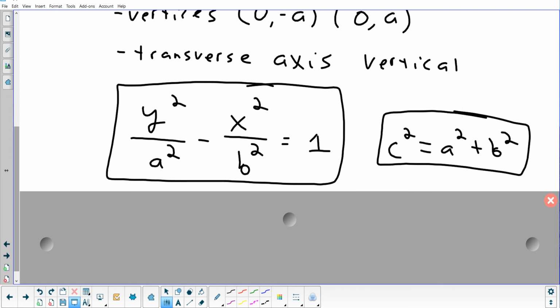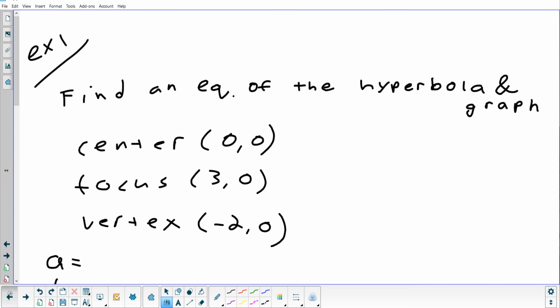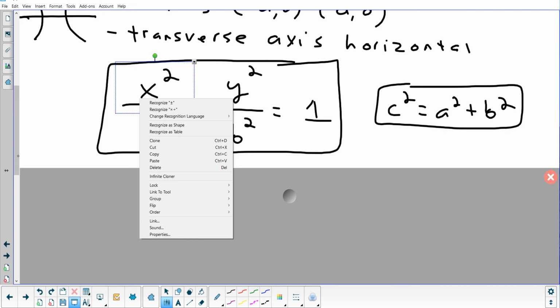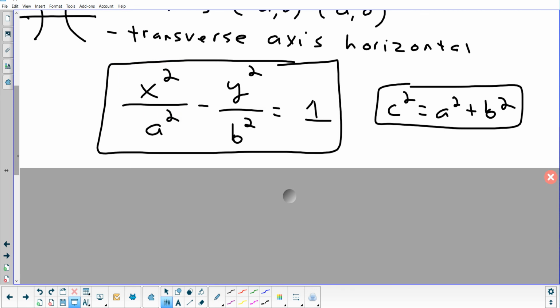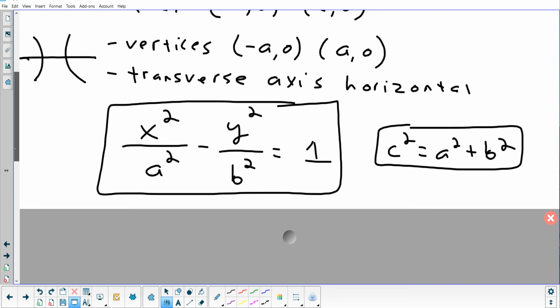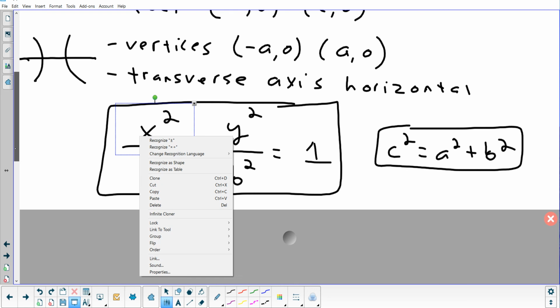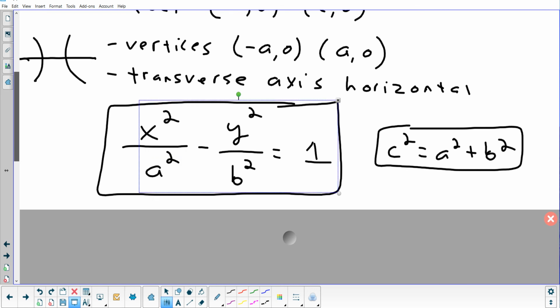The Y is positive, so it goes vertical. If we go back to this one, the X is positive, which means it's going to go horizontal, because the X is horizontal. So the way you tell the direction of the transverse axis is by the letter that is positive, X or Y. And you always put the positive one first, and the negative one second.